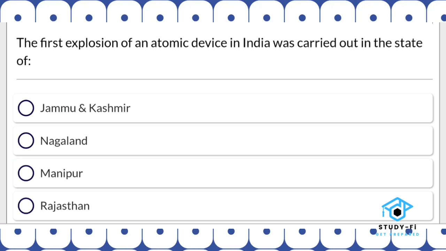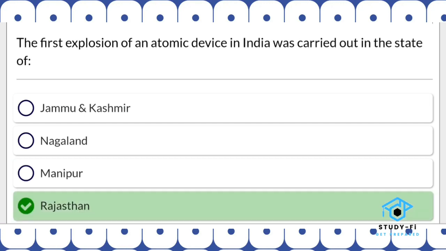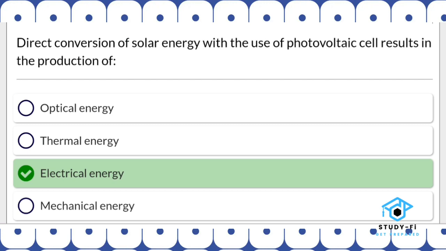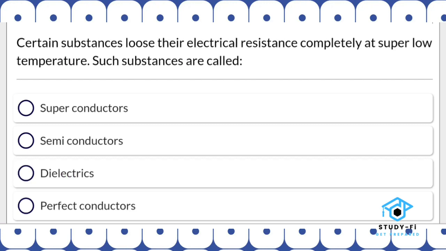The first explosion of an atomic device in India was carried out in the state of Rajasthan. Direct conversion of solar energy with the use of photovoltaic cell results in the production of electrical energy. Certain substances lose their electrical resistance completely at super low temperature.